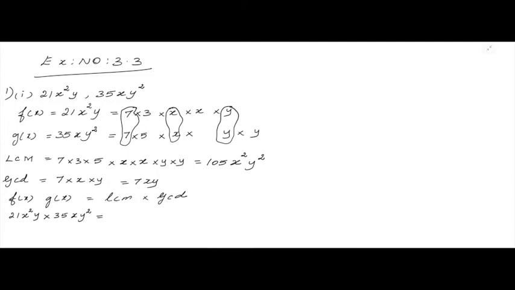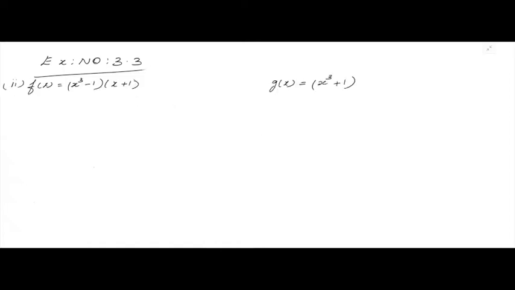This LCM is 105 x square y square and GCD is 7xy. You multiply this 21 with 35. Are you getting 735 x power 3 y power 3? Here 105 into 7, 735 x power 3 y power 3. Are they same? Hence verified.